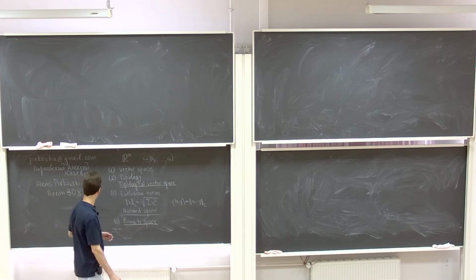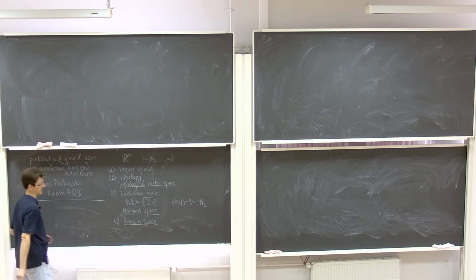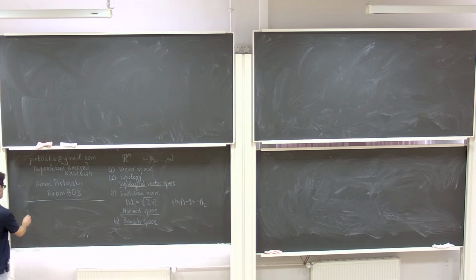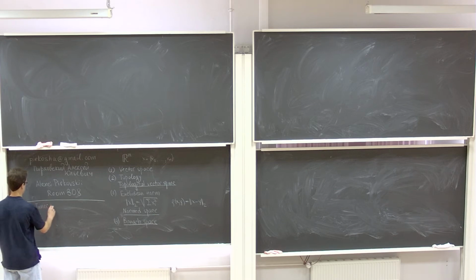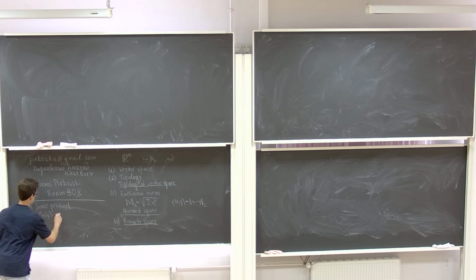And finally, we know that there is a canonical inner product on Rn. Inner product in Russian is скалярное произведение. So the standard inner product on Rn is given by the following formula.